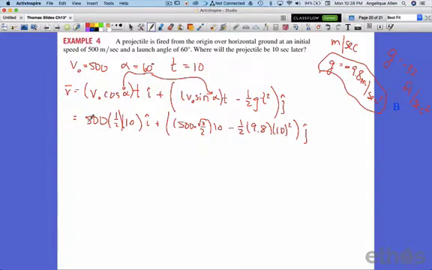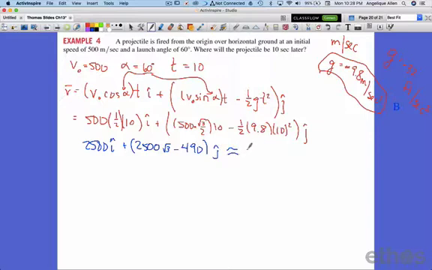All right, so 500 times 10 is 5,000 times 1/2 is 2,500 i. And 5,000 over 2 is 2,500 √3, minus 100 times 1/2 is 50 times 9.8 is 490. And that is the j component.